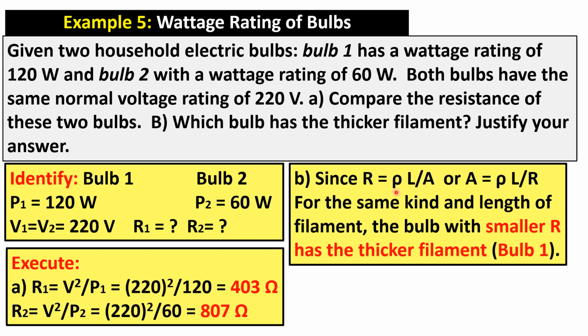That is what we call resistivity. So assuming that is constant and the lengths of the filaments are constant, we are only relating the thickness, in terms of the cross-sectional area, to the resistance. We say that the bulb with the smaller resistance has the thicker filament, and that is bulb 1.